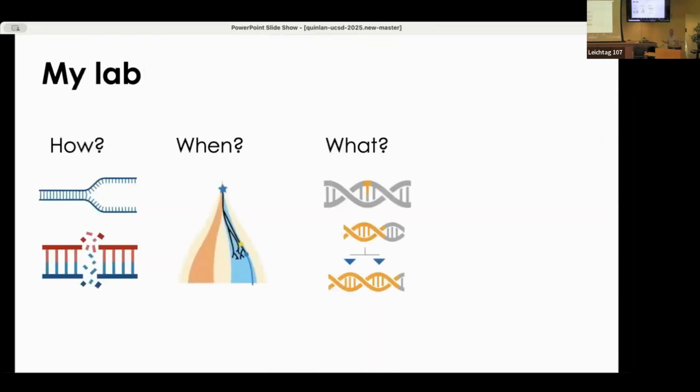So my lab, broadly speaking, thinks about how mutations arise, what the mechanisms are, when they arise, developmental timing, and what consequences that may have on phenotypes. What types of mutation? I think most of us think about spelling mistakes, single nucleotide mutations, but repeat loci expand and contract and breathe over generations.